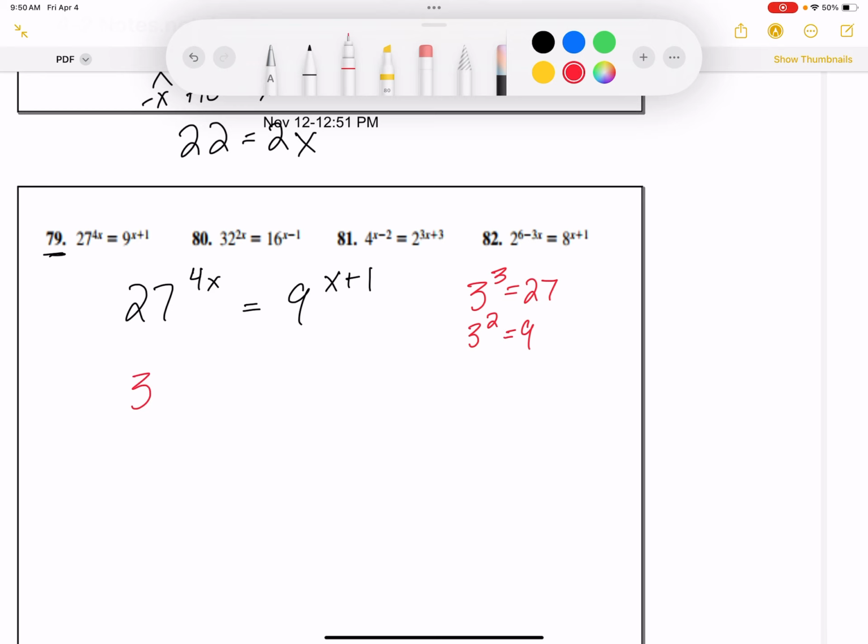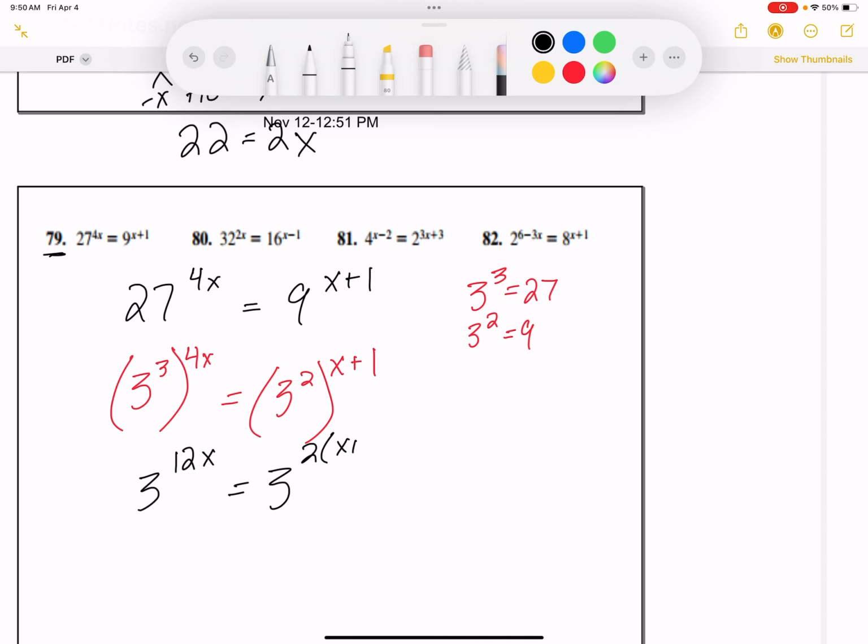So this is 3 cubed to the 4x equals 3 squared to the x plus 1. Then we got that power rule. So this is 3 to the 12x equals 3 to the 2 times x plus 1. Well, my bases match, right? So I know I'm ready for that.